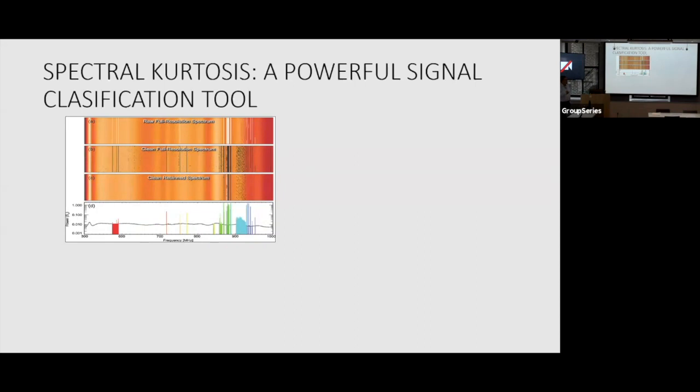But you see that in reality, there are many different types of interference. Some is continuous, some is intermittent. When you apply the spectral kurtosis, it selectively picks up those beams. Not all of them. You still have valuable data in between that you can use. This is the beauty of a clean spectrum: you integrate over the science band, you remove interference, and you get a clean spectrum.